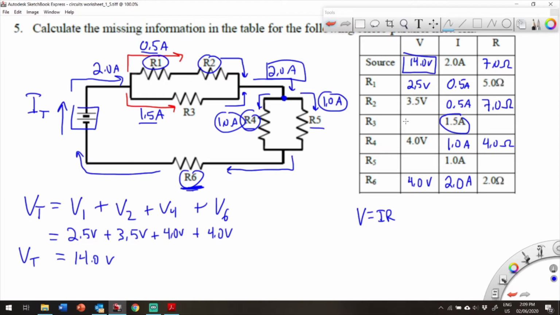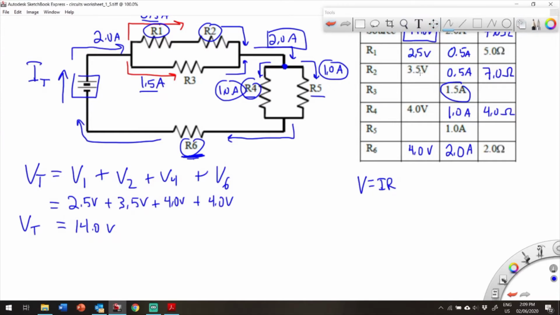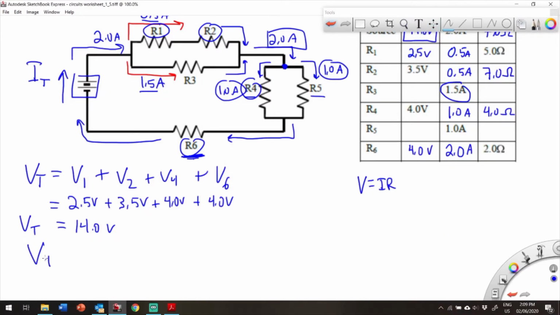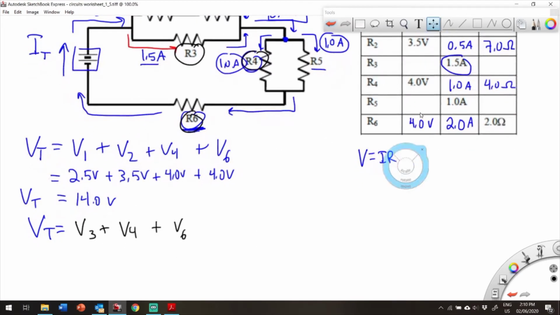I'm going to calculate the voltage in R3 by picking a different path that has all the voltages except for R3. Let's use a different color so it doesn't get too mixed up. I go through R3, then R4 since I know its voltage, and R6 will be the last one. I know my total voltage is 14 volts.